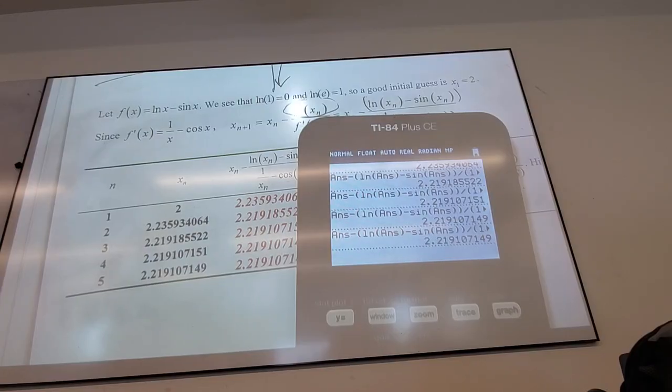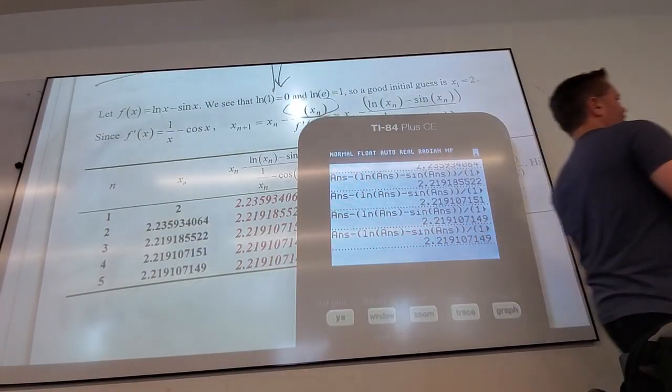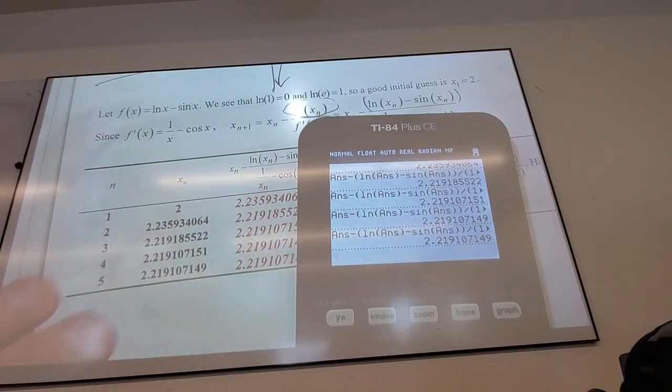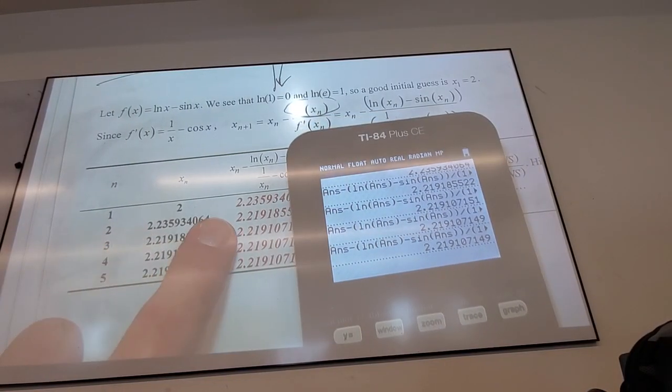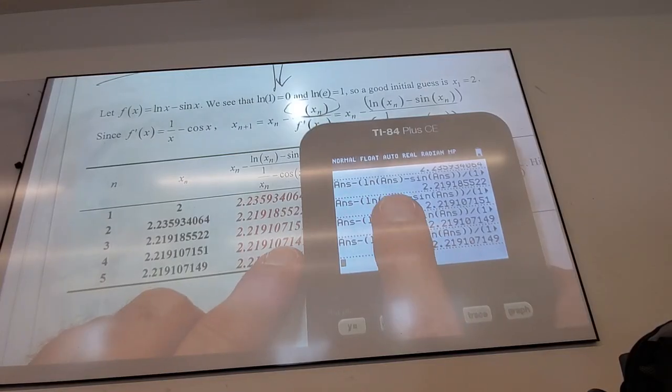The ANS is what's important here. You're right. I stored it in X, I have no idea why. I was going to do it with the storing, but that's stupid. We'll just go straight to the answer.